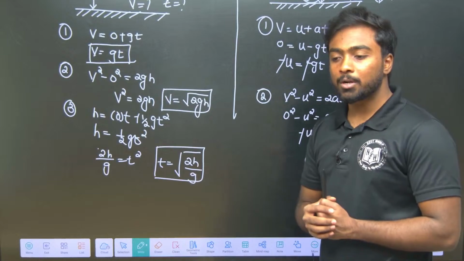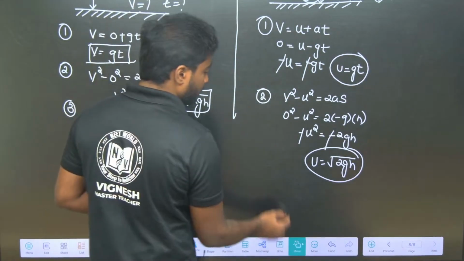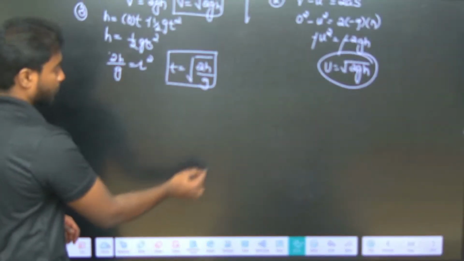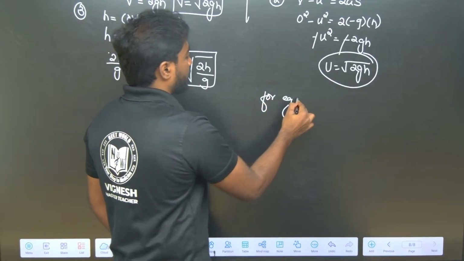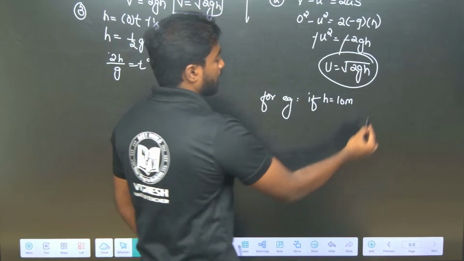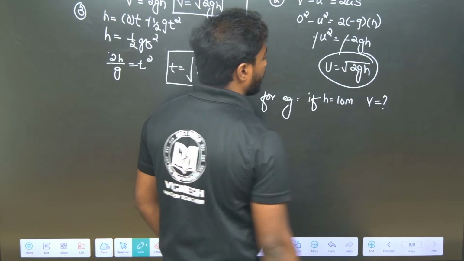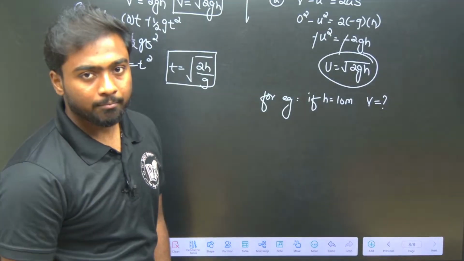If height is equal to 10 meter, how much velocity is needed? For example, if h is equal to 10 meter, the velocity needed to go to height 10.